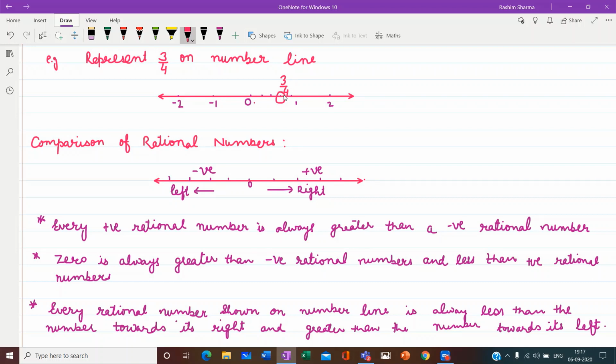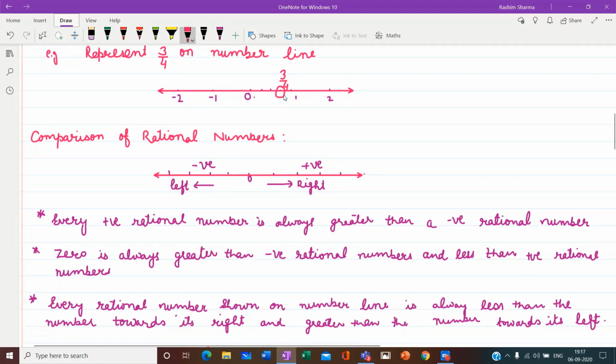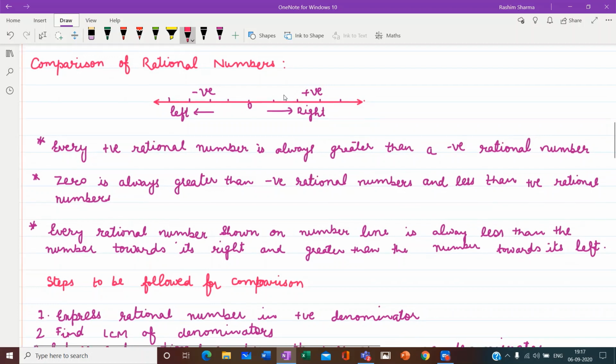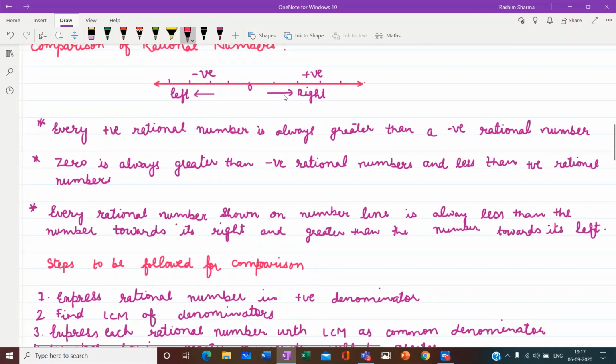Alright. Now the next thing is how to compare two rational numbers. On the number line you all know that towards the right we have positive numbers and towards the left we have negative numbers. Let us understand a few important points on the number line. Every positive rational number is always greater than a negative rational number.